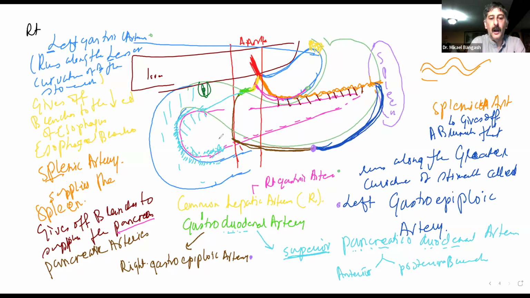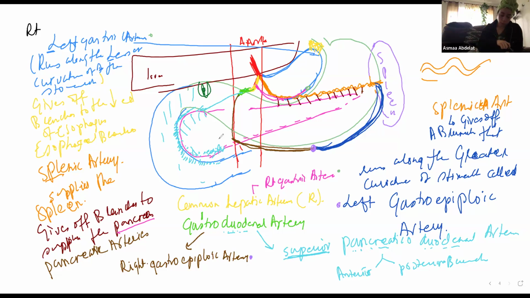Did you guys get that? So then would you say that technically it gives off 3 branches if you're including the superior pancreaticoduodenal artery? Wait, what do you mean 3 branches?